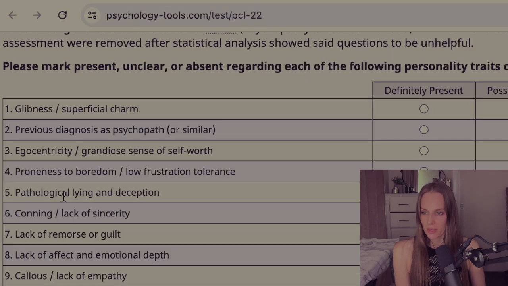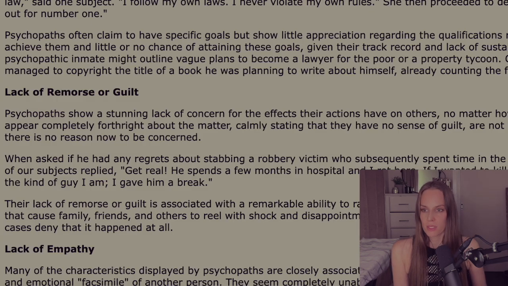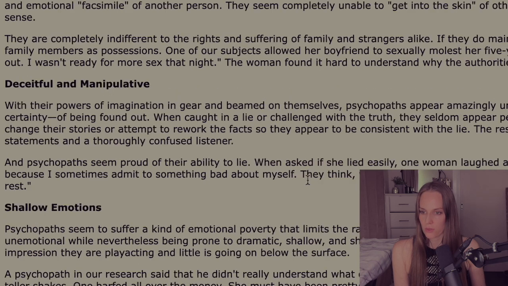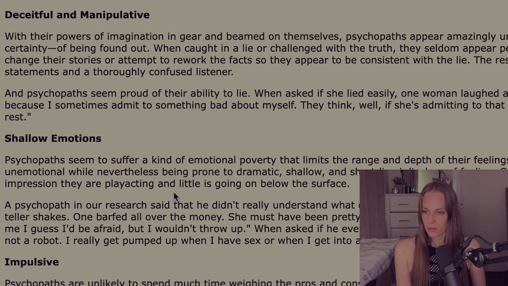Okay, next one. Number 5, we've got pathological lying and deception. I already think I would say no to this, but I just read this part that Robert Hare has written about deceit and manipulation.